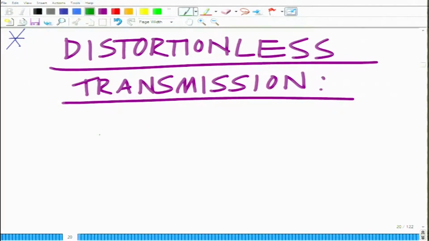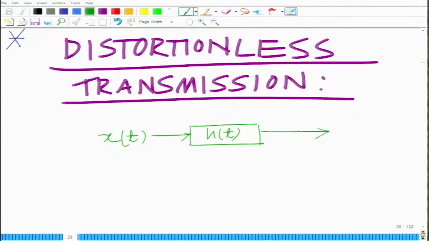Now, let us consider an LTI system with input x t, impulse response given by h t and output given by y t.